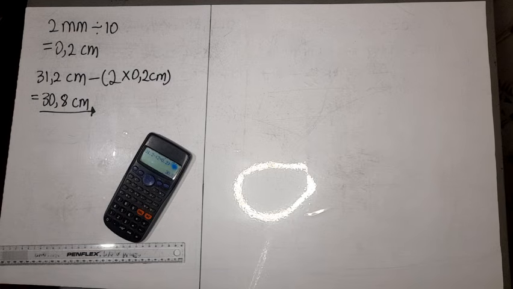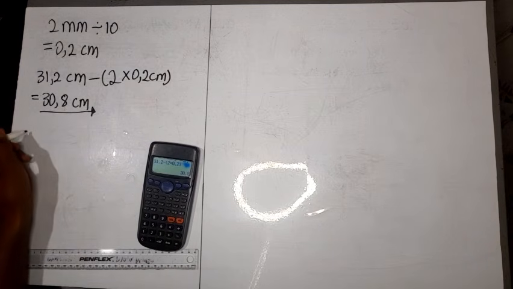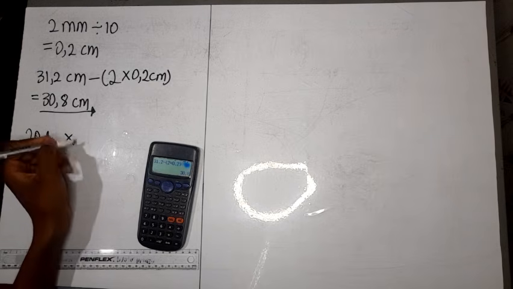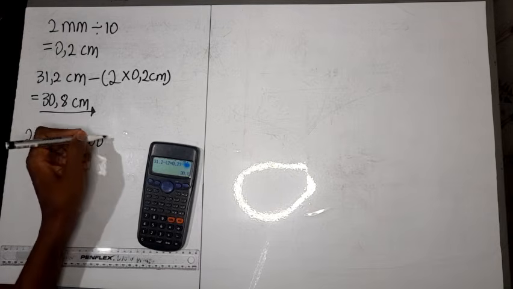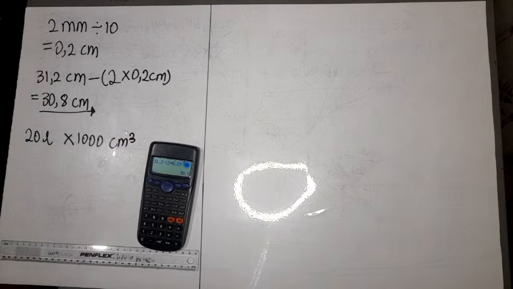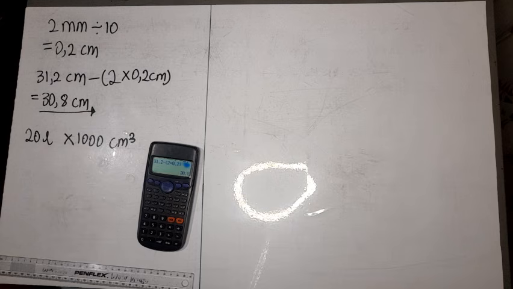We've been told that 1 liter equals 1000 cubic centimeters, and we have 20 liters of capacity. So we are going to take our capacity, which is 20 liters, and multiply it by 1000 cubic centimeters, because they've told us that 1 liter equals 1000 cubic centimeters. We are trying to find the volume of the bucket in cubic centimeters.